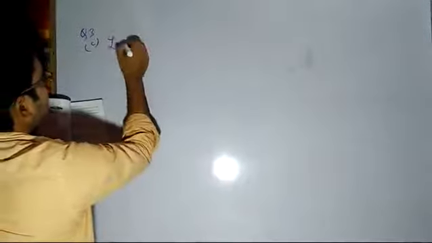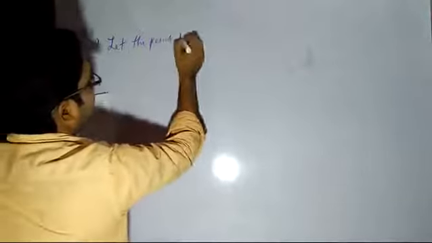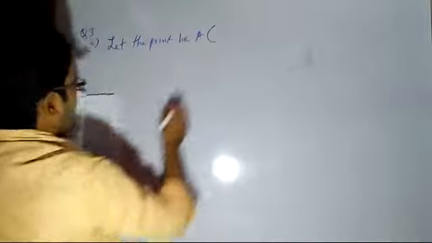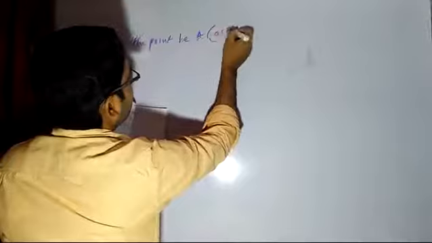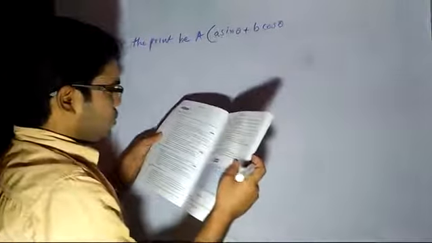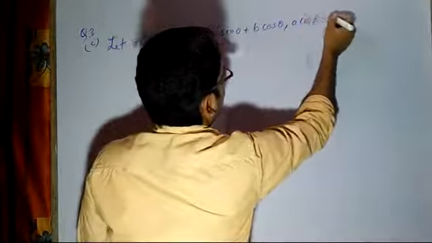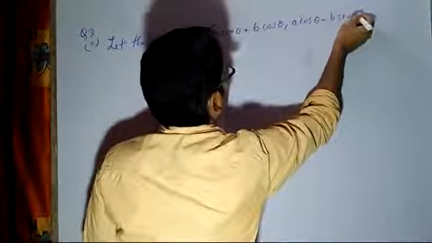So let's write the question. I can write, let the point be A, and the point is a sine theta plus b cos theta, comma, a cos theta minus b sine theta.